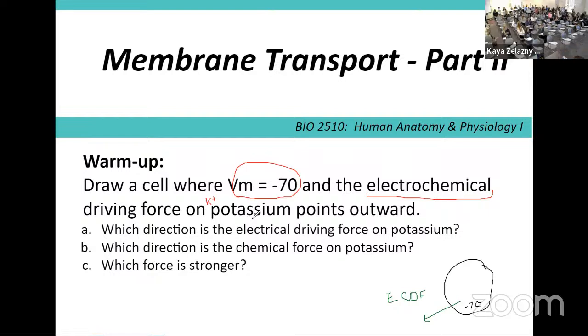So all we have to do for point A is to think about those charges. So we're seeing that our cell is at -70, potassium is positive, so our electrical driving force is attracting our potassium. So our EDF, just based on those two things, is in.